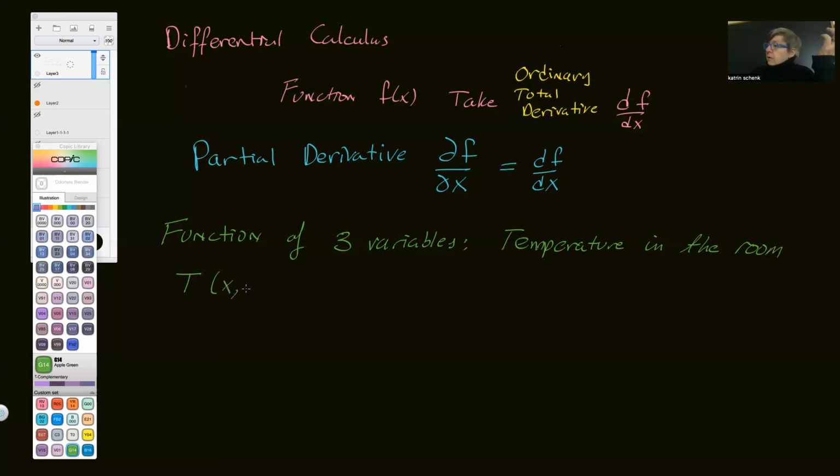X, Y, and Z, all three positions, because if you vary any one of those, you're going to have a slightly different temperature. Now, is that a vector, T? Would you say I could write a vector sign over that? What do you think?